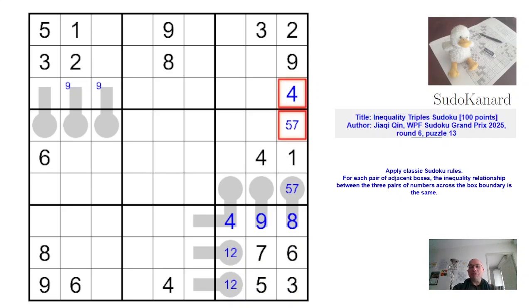So now we know the direction of those inequalities. And then let's ponder what has to be done. Let's ponder the next step. So there is a 2 in here. 2 could be there. 2 could be here with a 1 there.